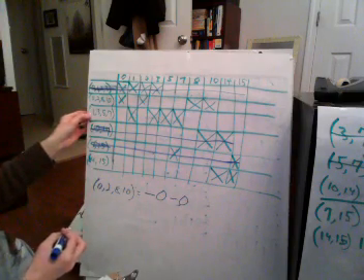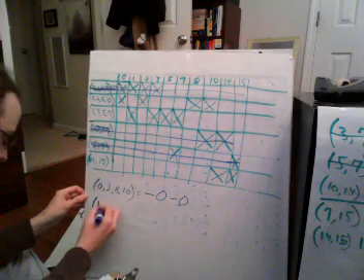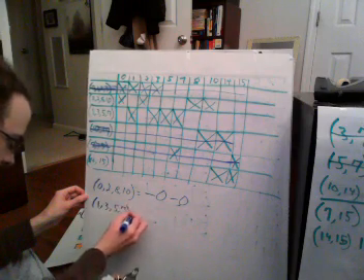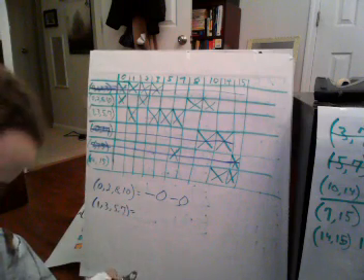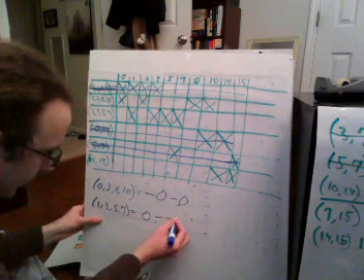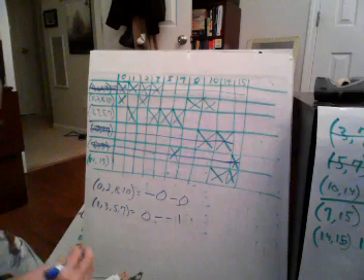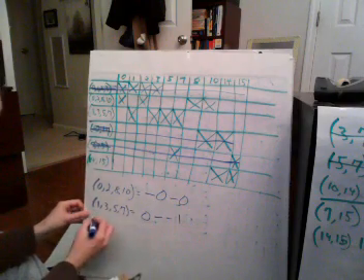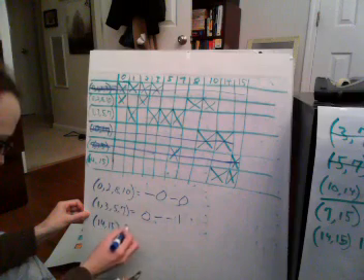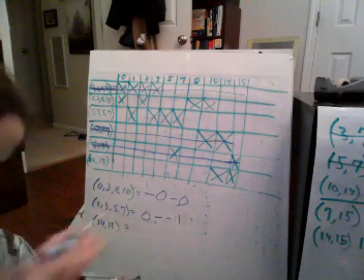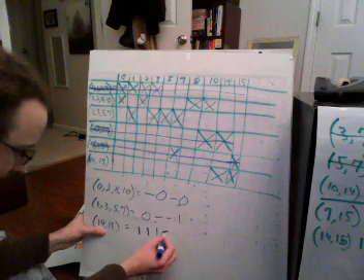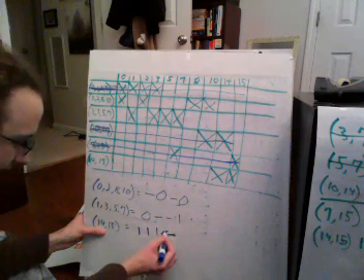The next survivor is 1, 3, 5, 7. That was 0 dash dash 1, and 14, 15, it was 111 dash.